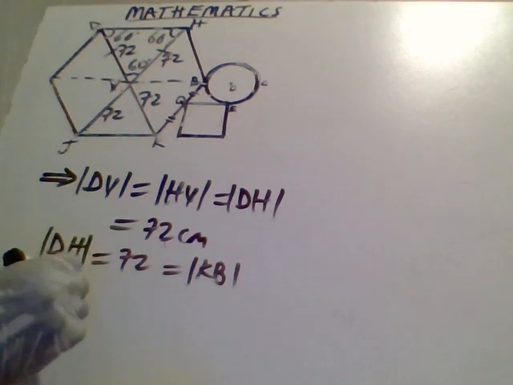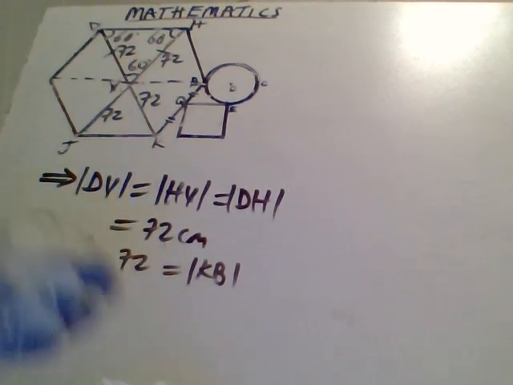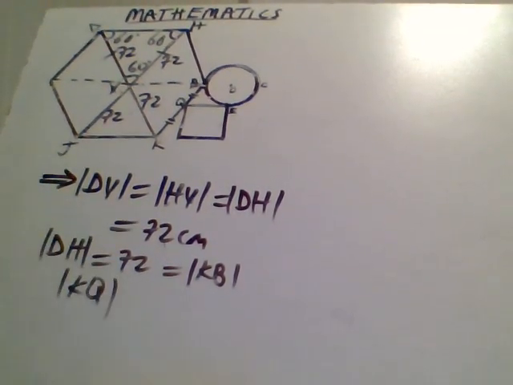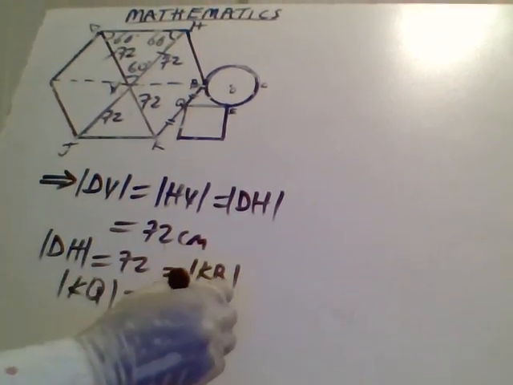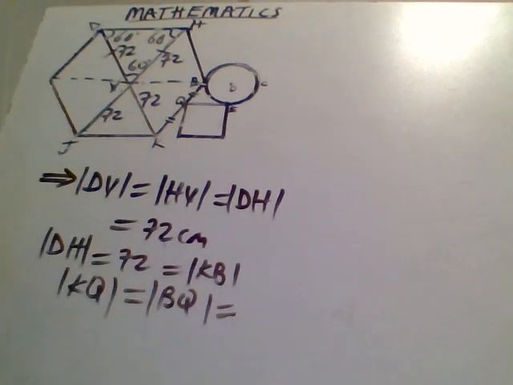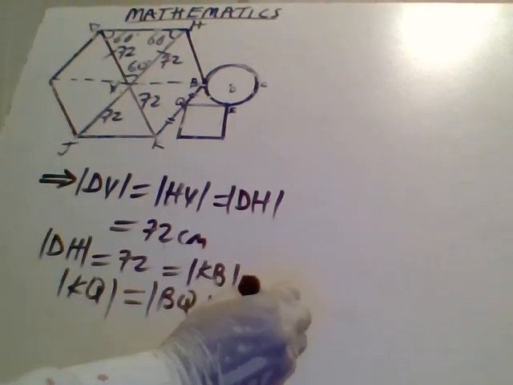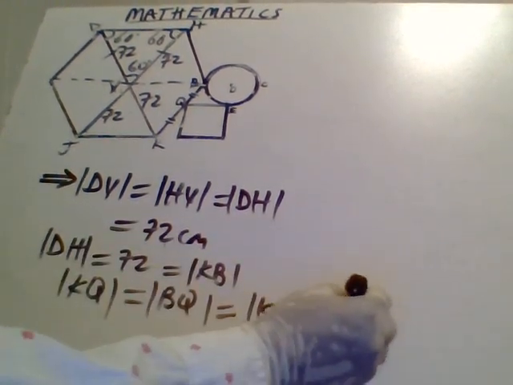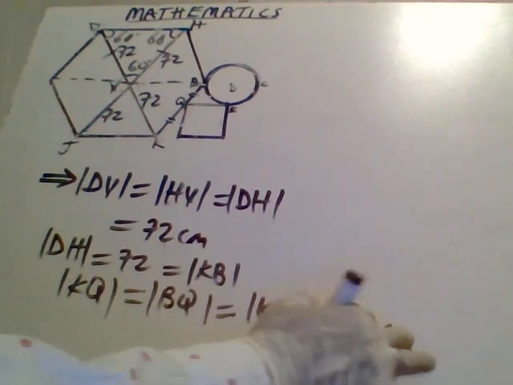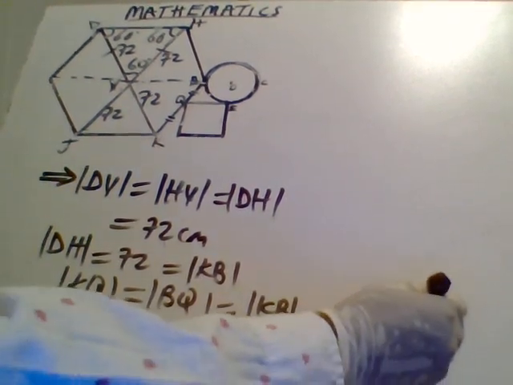And we are given that KQ is equal to BQ, and we have shown that they are equal. In this case, this will be equal to KB divided by 2, and that gives us 72 divided by 2, which is 36 cm.